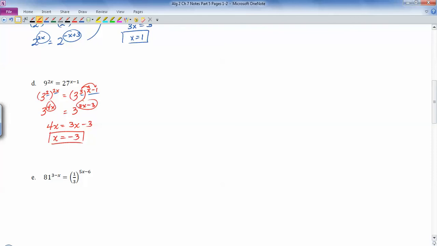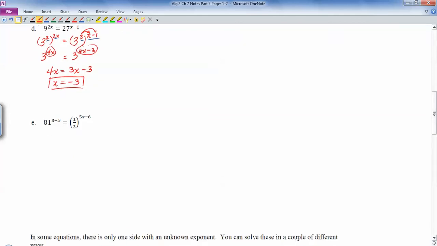In E, I've got an 81 and a 1/3 as my numbers to work with. And 3 is going to be the key number here, too, because 81 is really 9 times 9, which is 3 times 3 times 3 times 3. So 81 I can write as 3 to the 4th, and then that's all to the 3 minus x. And 1/3 is really 3 to the negative 1, and that's to the 5x minus 6. And now let me do power to a power.